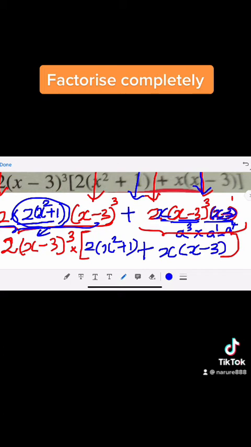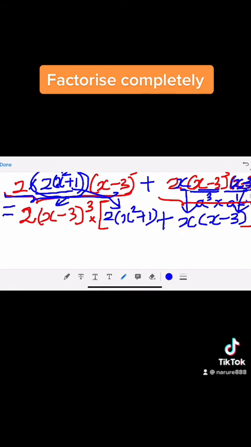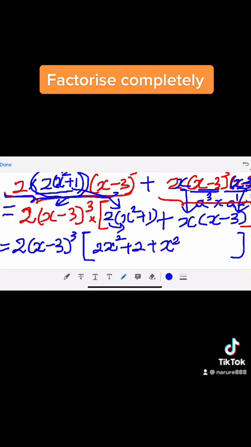So double check, because we might miss out things when we write, especially when we are in a hurry in exam. So that is actually the factorize completely answer. You have to simplify it like that to x squared plus 2 plus x squared minus 3x, alright?